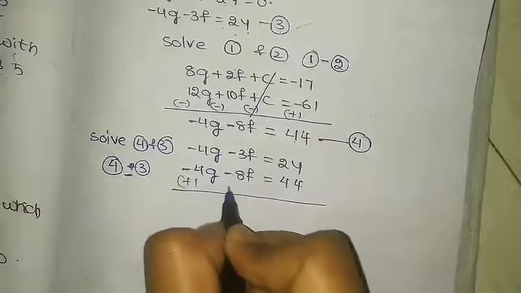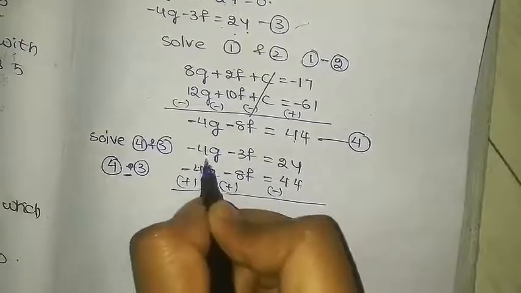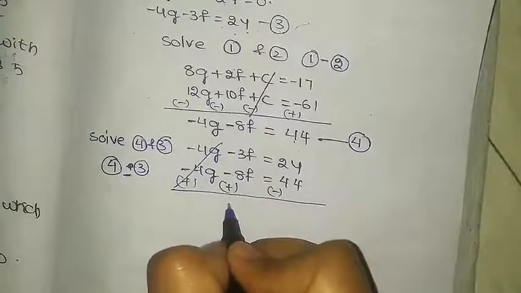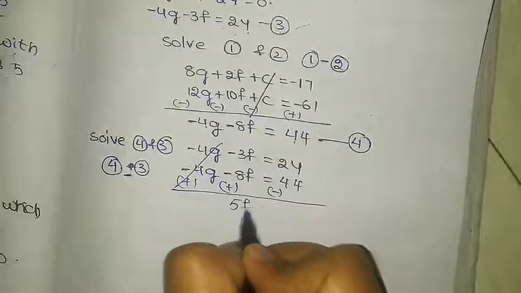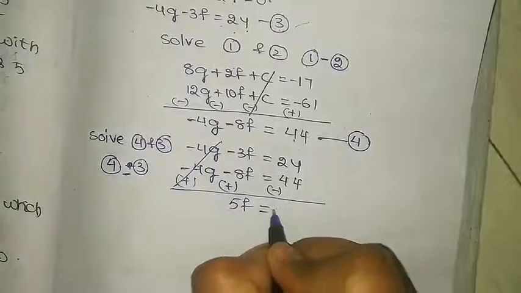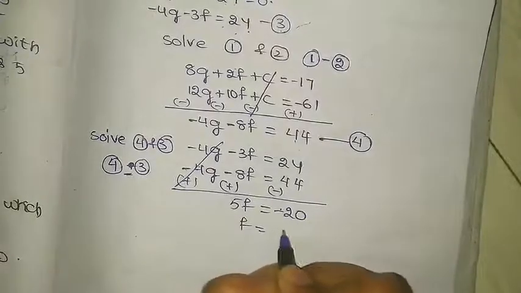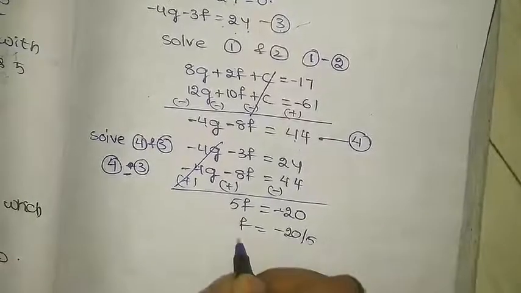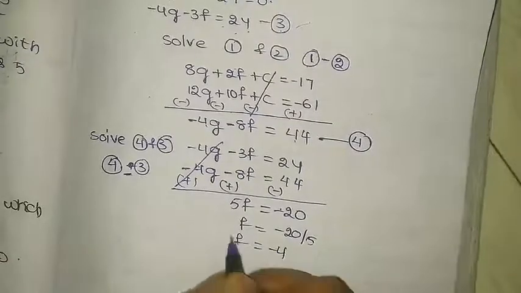So the signs will change. So they will cancel. Minus 5f is equal to minus 20. So f is equal to minus 20 by 5. That is f is equal to minus 4.